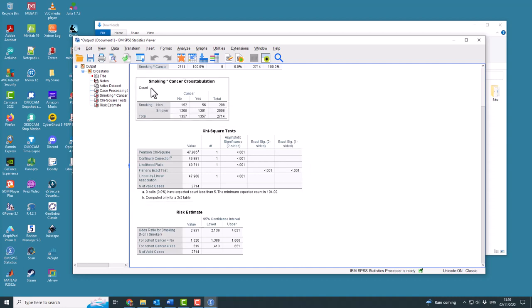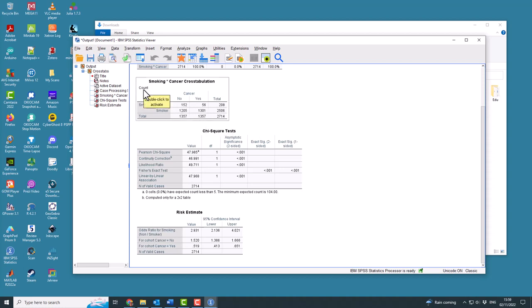If that was true, amongst the non-smokers, you'd expect to have the same amount in the no's as yeses, and in the smokers, the same amount in the no's and the yeses. Here you can see in total 1,357 in both the yes and no, cancer and non-cancer, but they're not evenly spread as ratios between the non-smokers and the smokers.